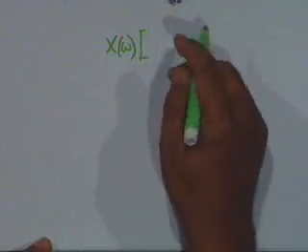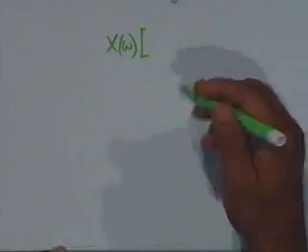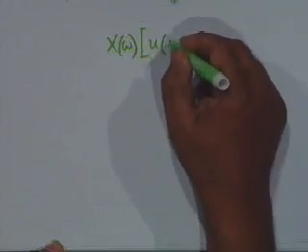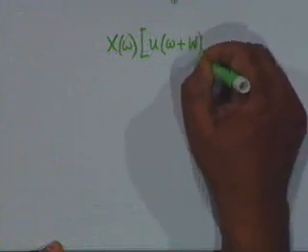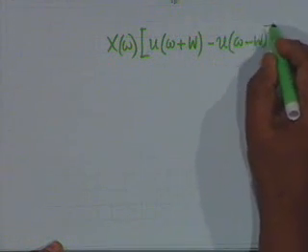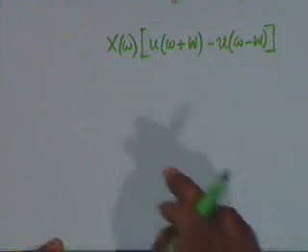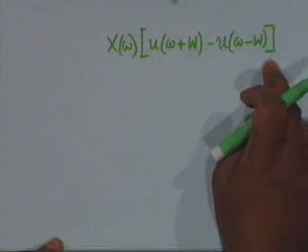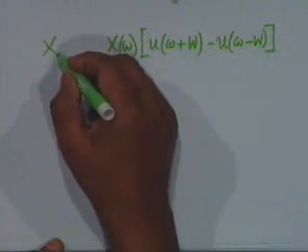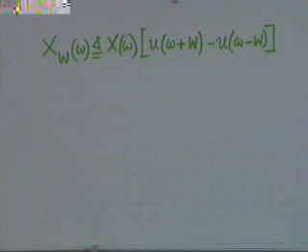What we are doing is multiplying it by a gate in the omega domain, the frequency domain. So it is of the form u of omega plus w minus u of omega minus w. This ensures that we are taking a chunk of X of omega between minus w and plus w. Let's call this X w of omega.